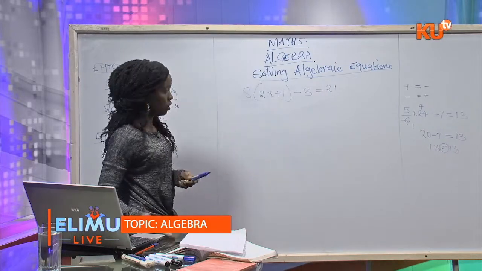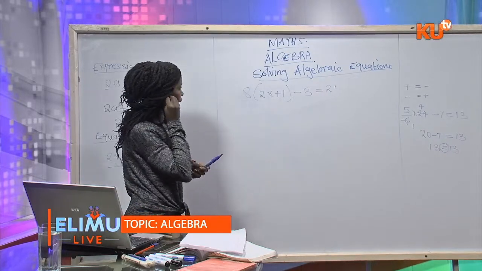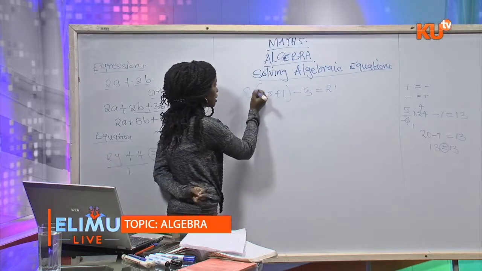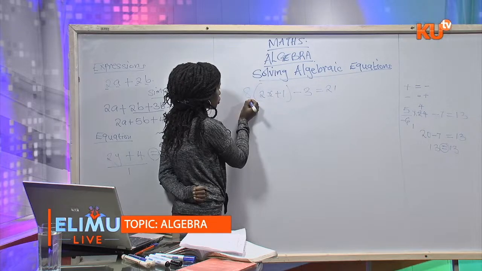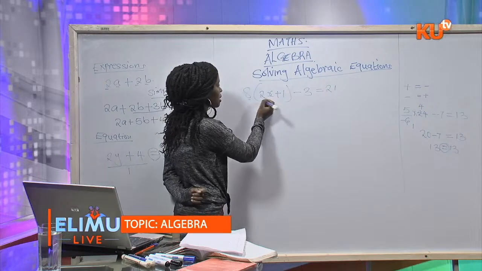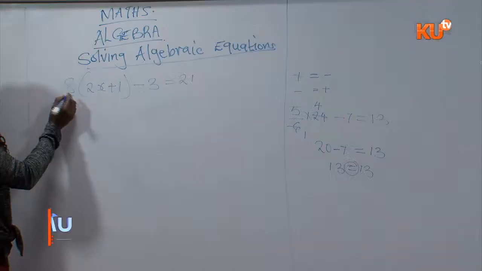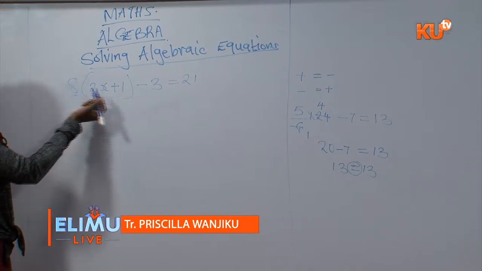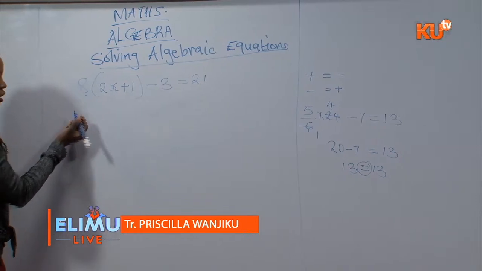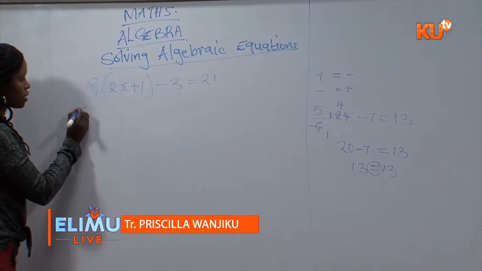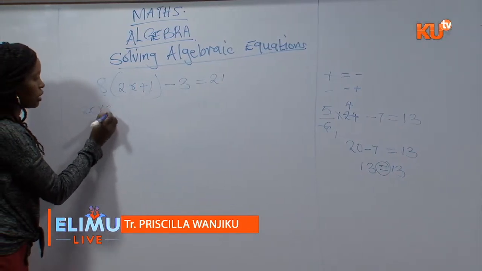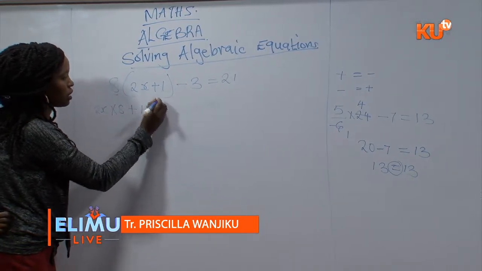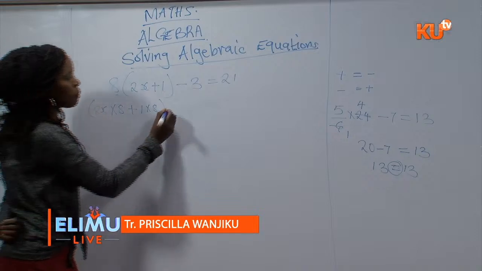In such a situation, you're supposed to open up the bracket first. So this is a bracket and I'm supposed to multiply by 8. So what is inside the bracket, I multiply by 8. That means I'm going to take 2x times 8, then 1 times 8. That was the bracket.